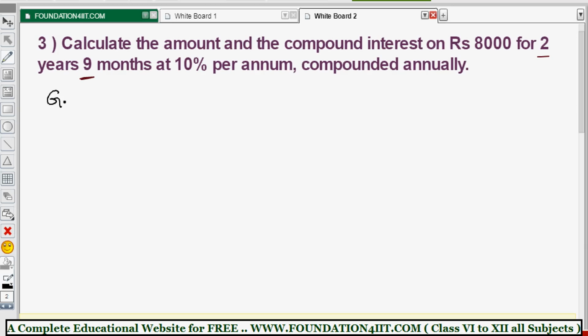Your given data is P equals rupees 8,000, and the rate of interest is the same 10% throughout the 2 years 9 months. And the time is 2 years and 9 months.